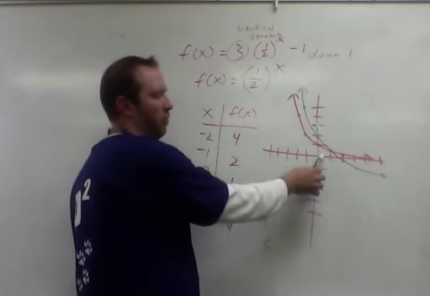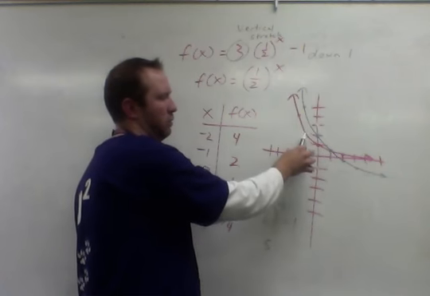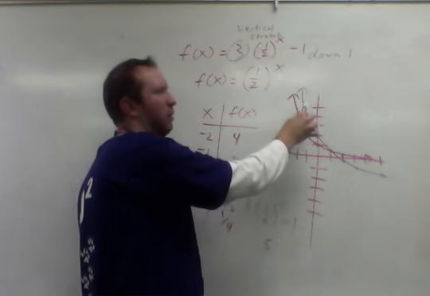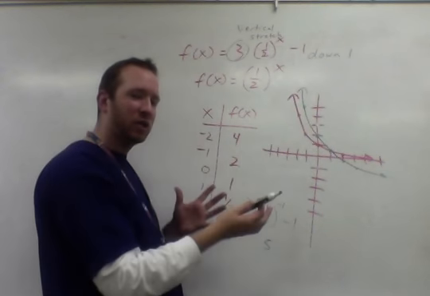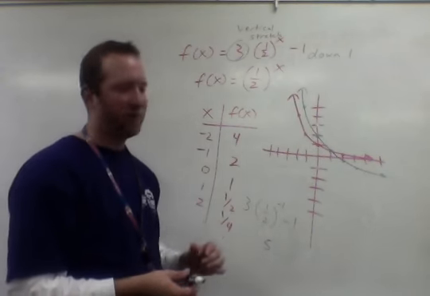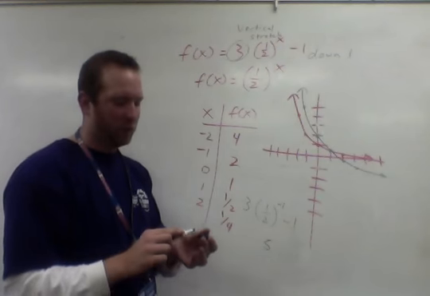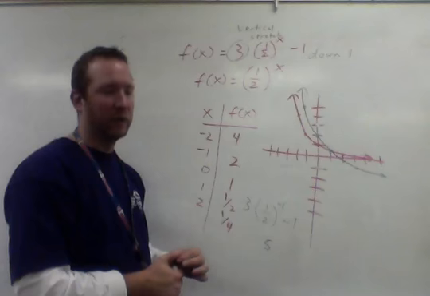So if I look at -1, I'm up 1, 2, 3, 4, 5. Got it right. I kind of checked one point. It'd be safe to kind of check a couple other ones, but in general, I feel pretty good about what I did.